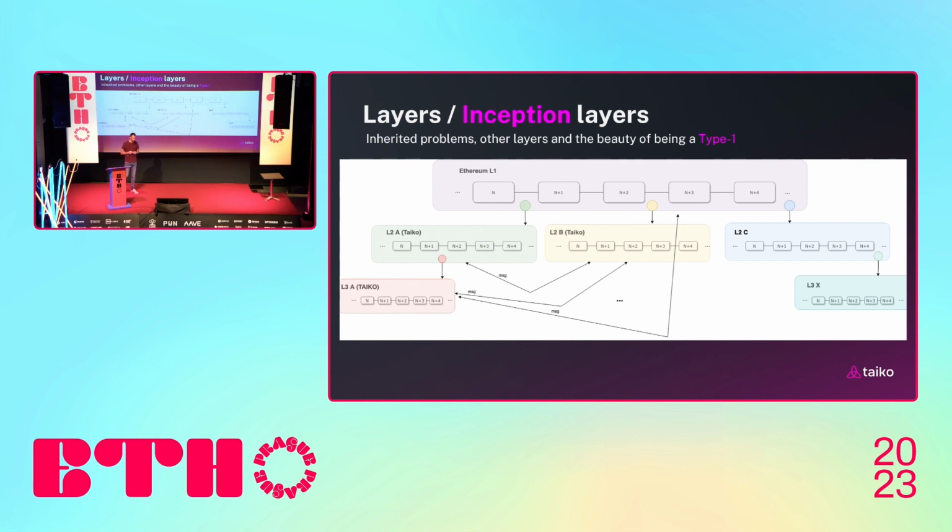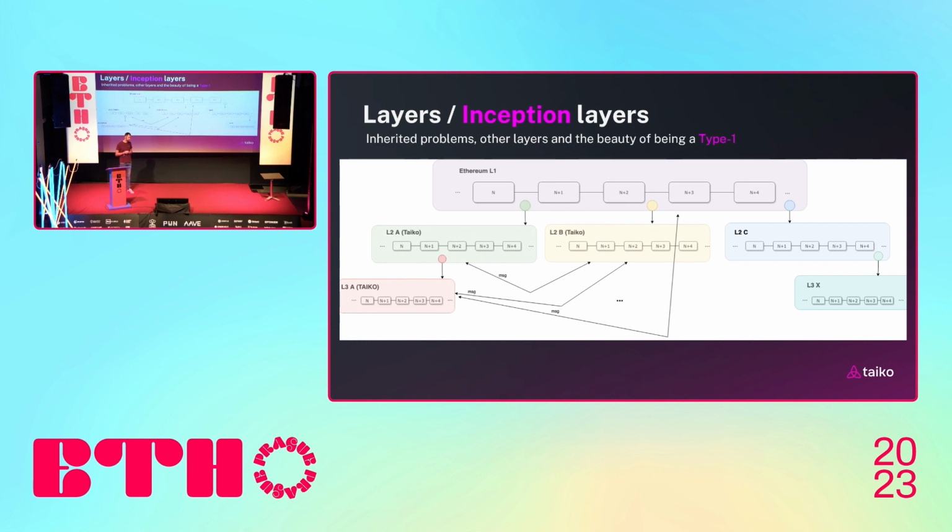Now, going back to inception layers, the term comes from the movie Inception with Leonardo DiCaprio, of dreams within dreams within dreams. The beauty of being a type 1, or Ethereum-equivalent, network is that we share the same code base.